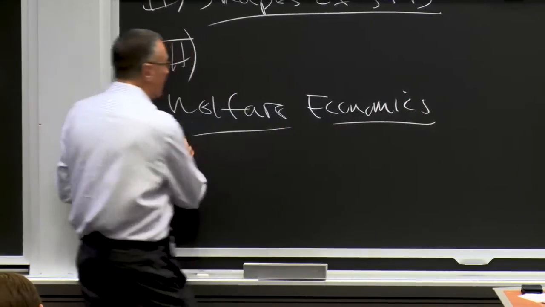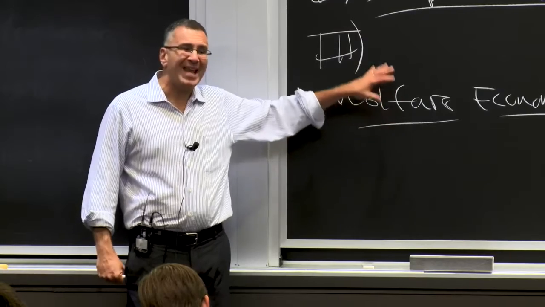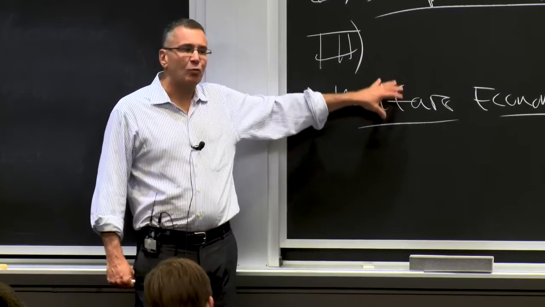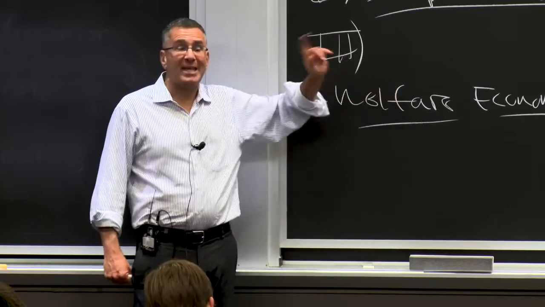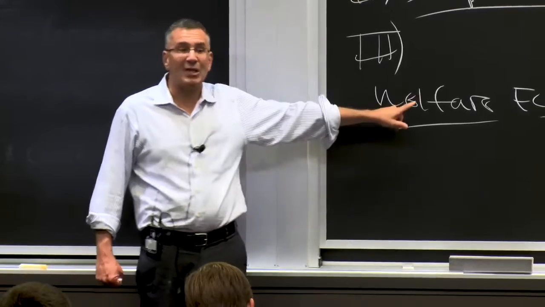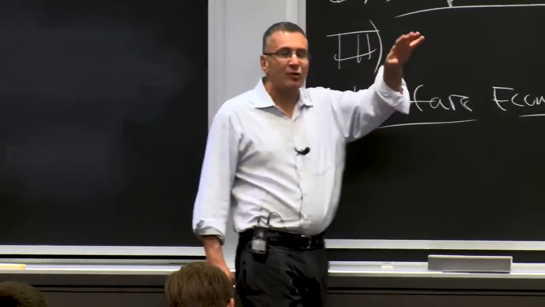Now, welfare is going to be used in two senses in this class. Mostly when I say welfare, I mean welfare as a measure of well-being. Sometimes when people say welfare, they mean cash payments to poor people, like welfare payments. That's not what I usually mean. When I say welfare, I don't mean the way it's used in the political debate.